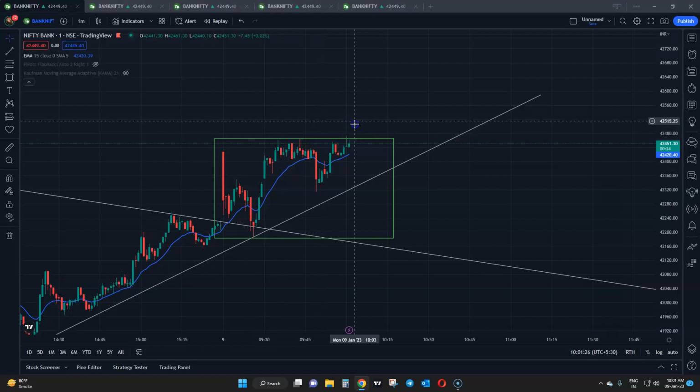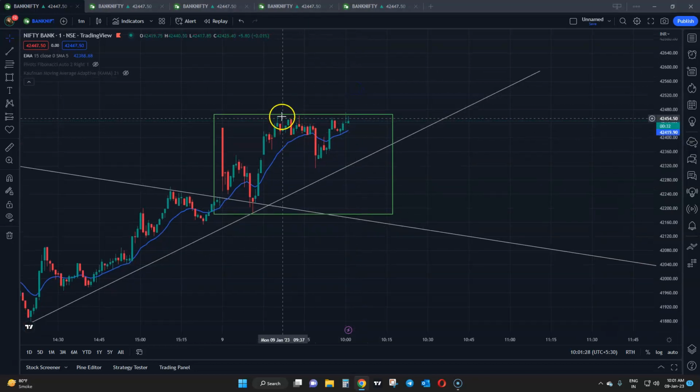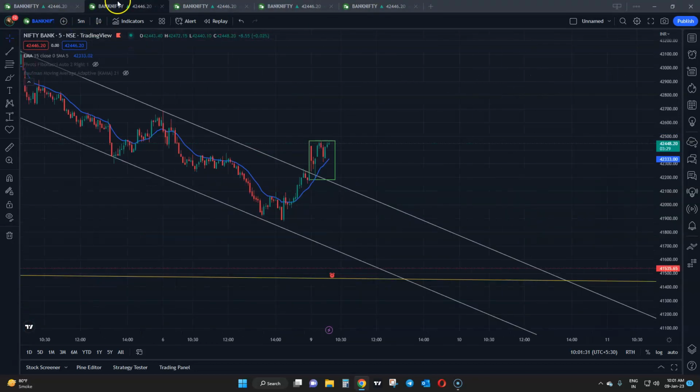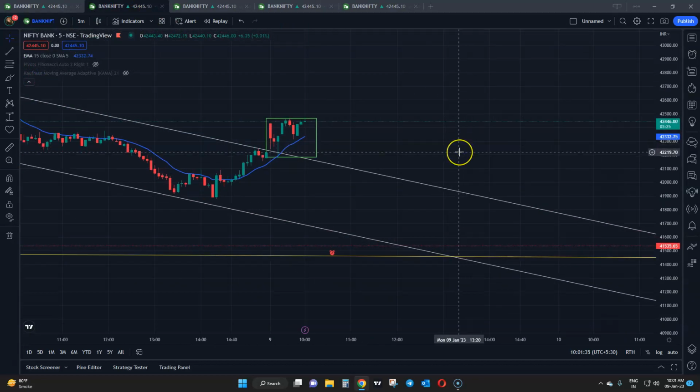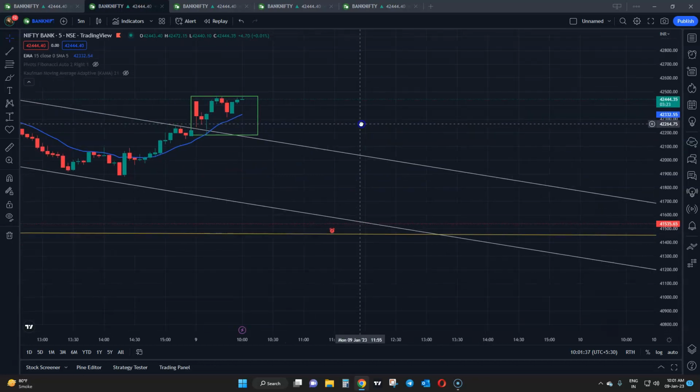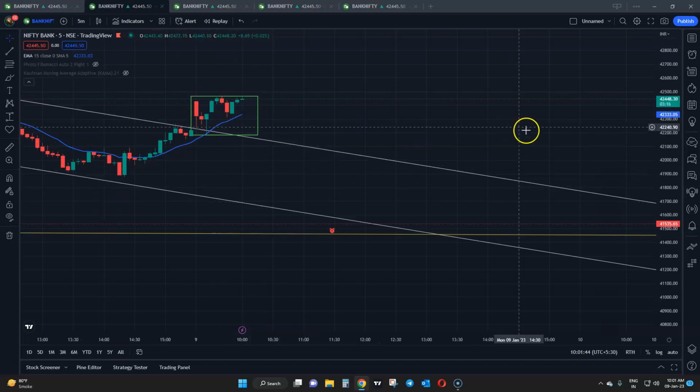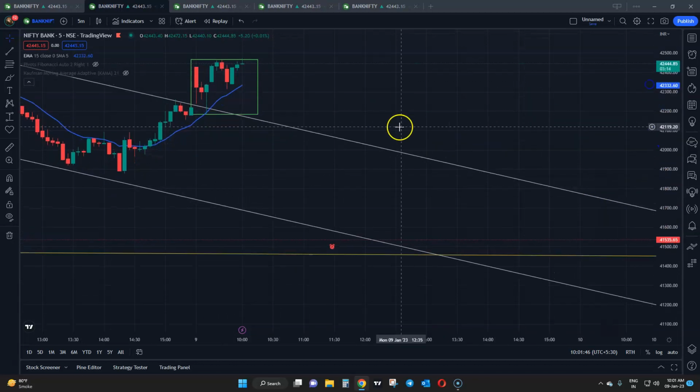You're seriously not getting it, and this is an area of consolidation, right? This is an uptrend.